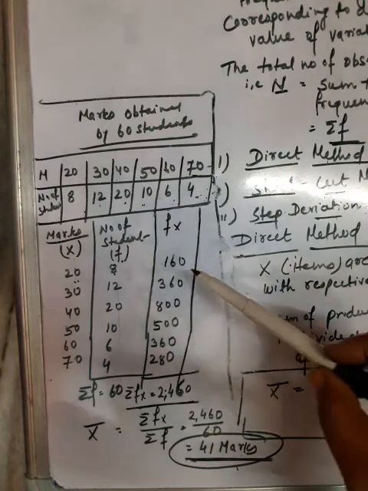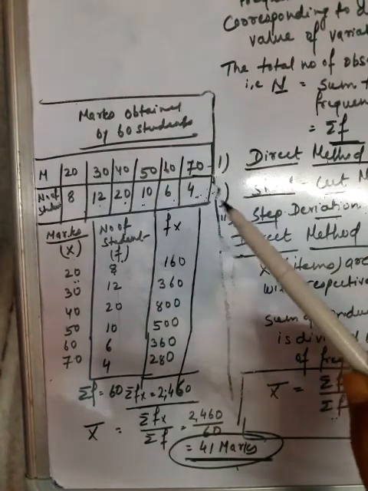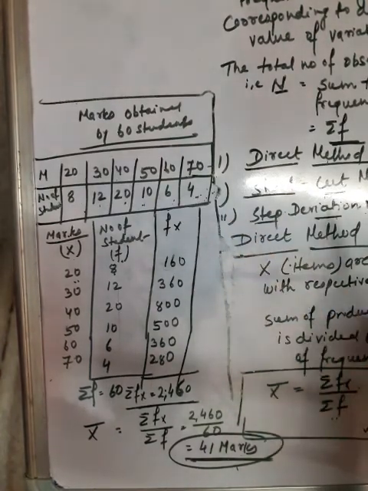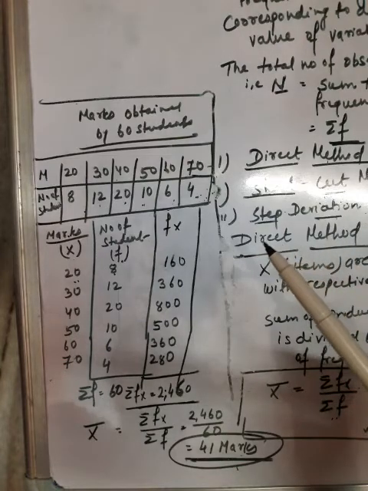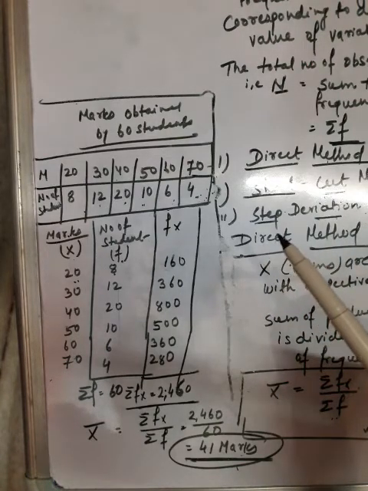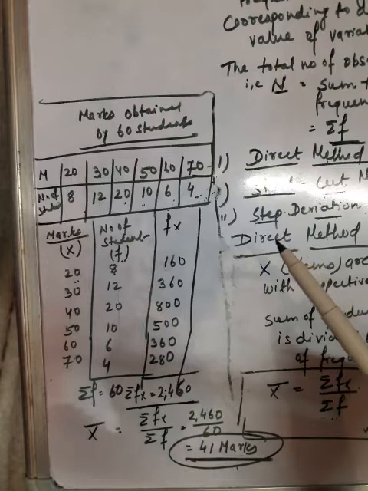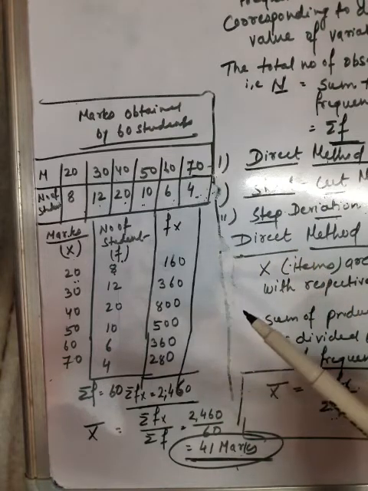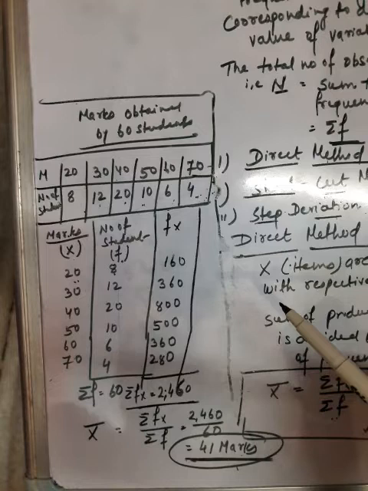In examination, the question is given and the method is also given. It is usually mentioned which method you should use to calculate the mean, whether direct method, shortcut method or step deviation method.